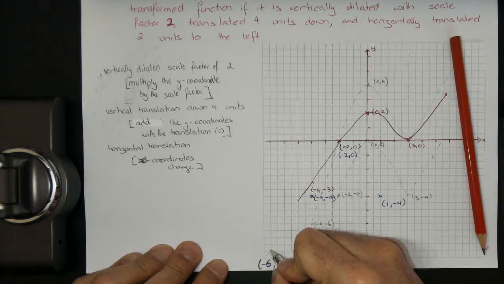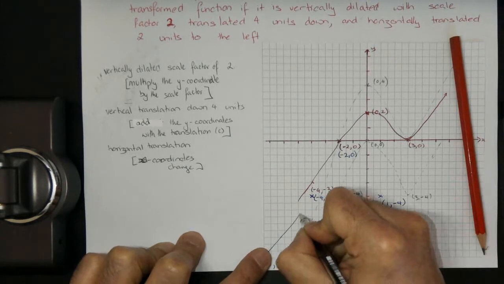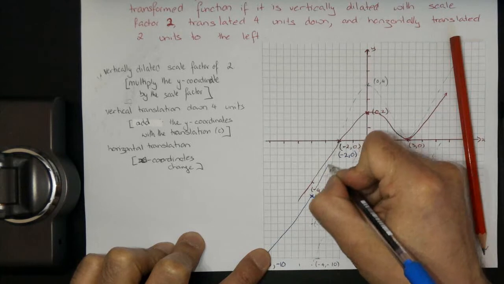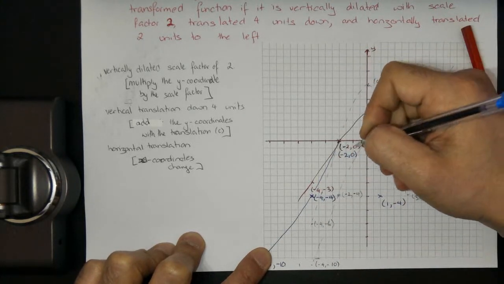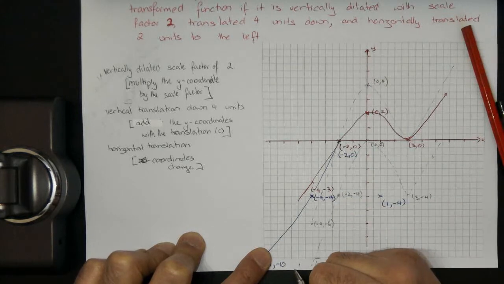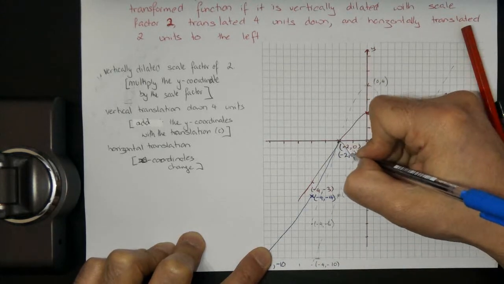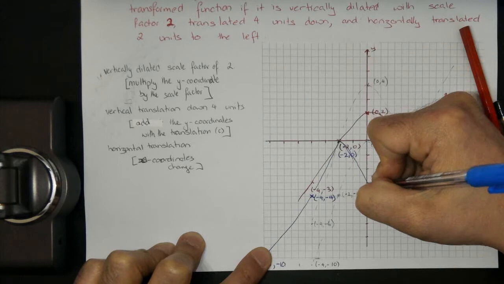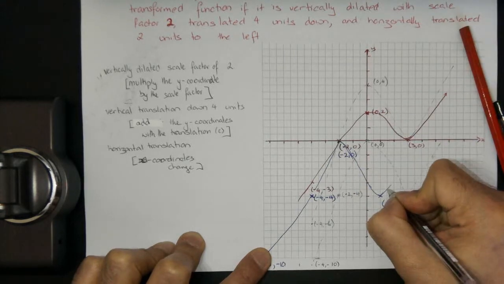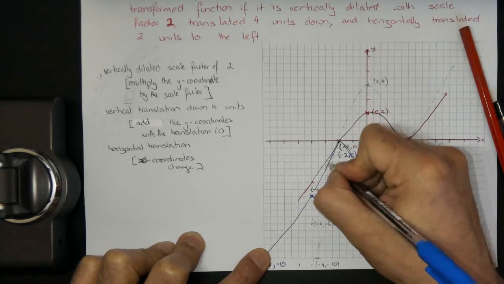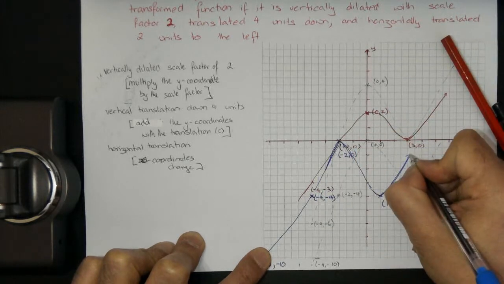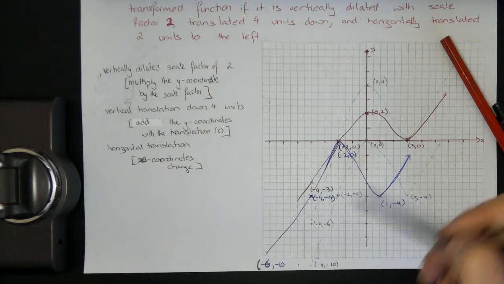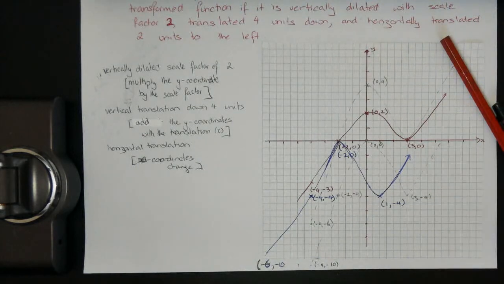So we have something that looks like that. And then you can rub out all the unnecessary graphs and points.